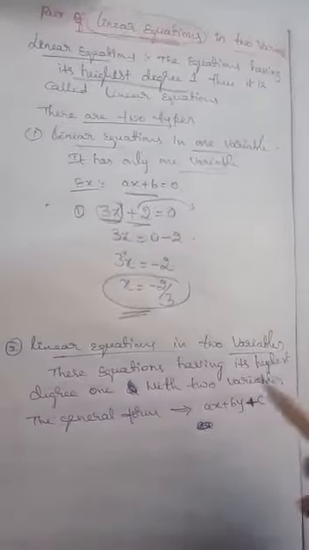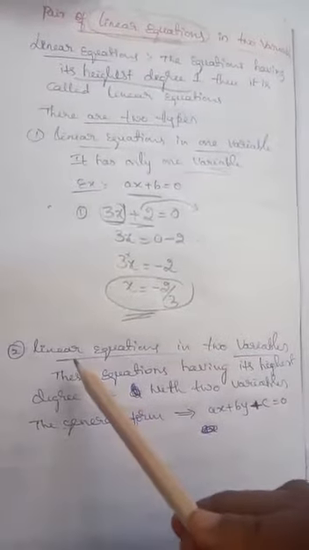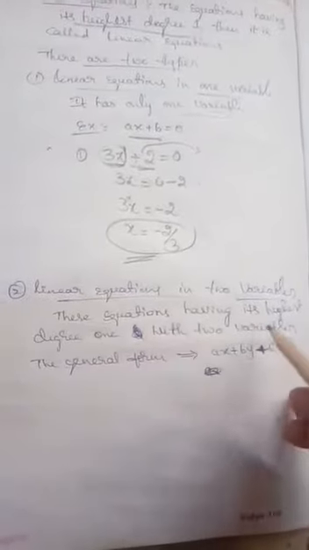In this chapter, we learn how to solve linear equations in two variables. These are linear equations in which the highest degree is 1 and there are two variables.